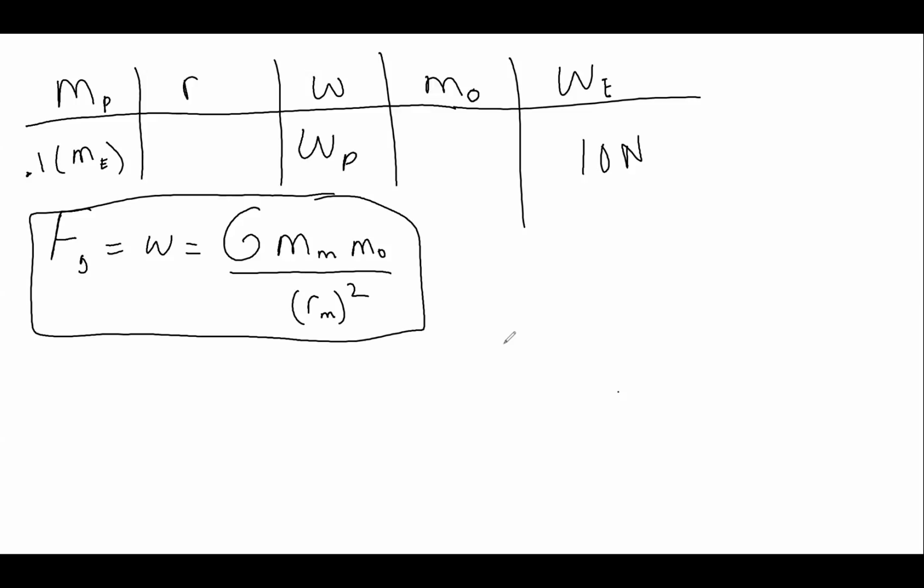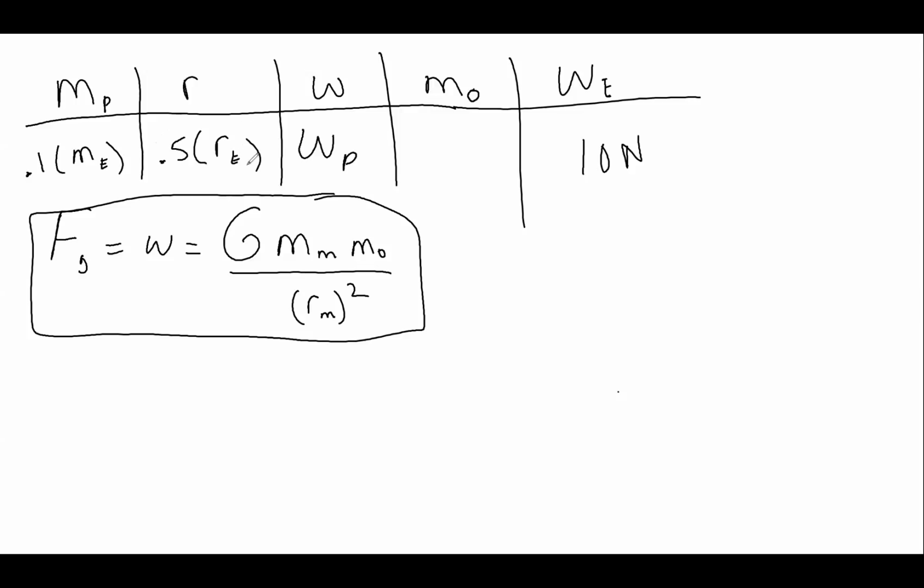Okay, class. It says that the planet has 1/10 the Earth's mass. So 1/10 means 0.1 the mass of the Earth. It also has 1/2 the Earth's radius. That means I have 0.5 of the radius of the Earth.